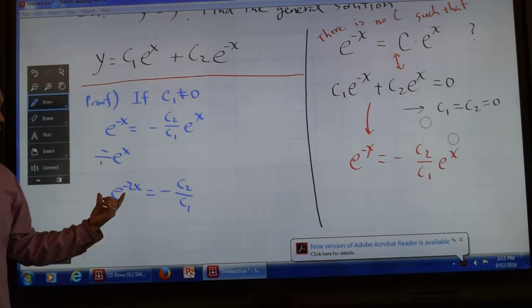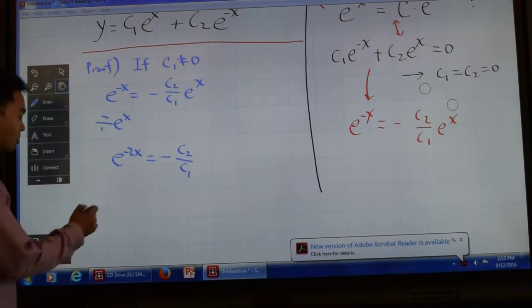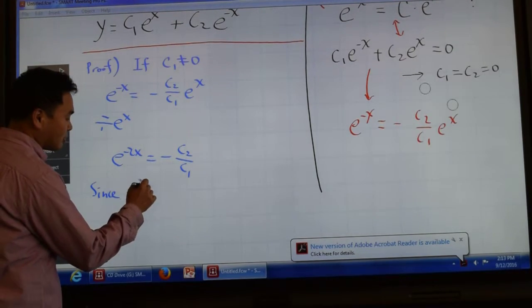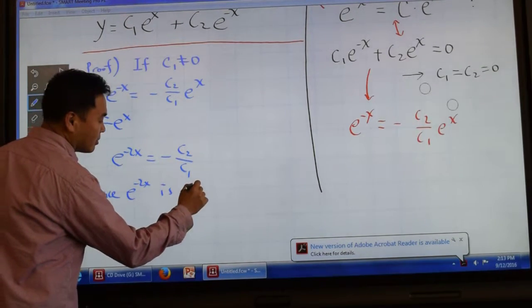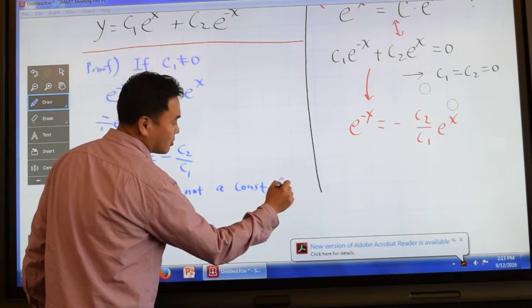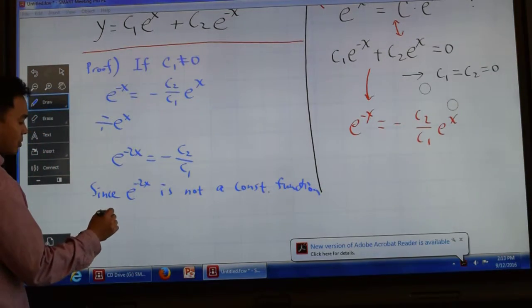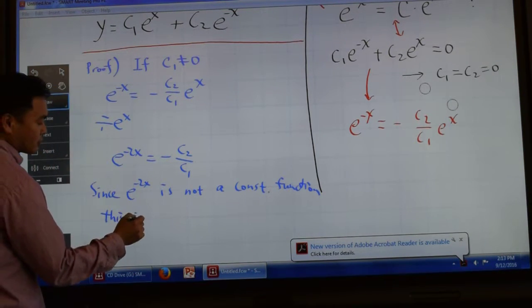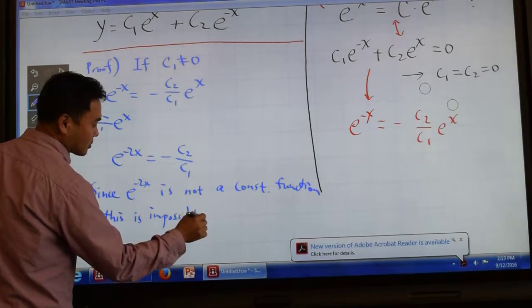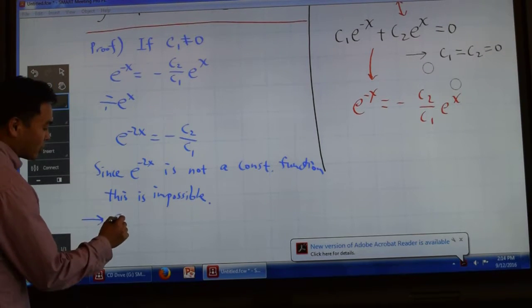So, since e to the negative 2x is not a constant function, this is impossible. Okay. So that forces C1 has to be 0.